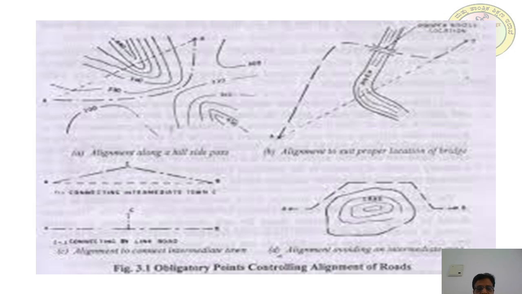So either you can directly go to city C and then come to city B, as in this case, or you can connect A and B directly and connect city C with a link road. So this is also the valley, right? So these are the ways in which obligatory points control the highway alignment.